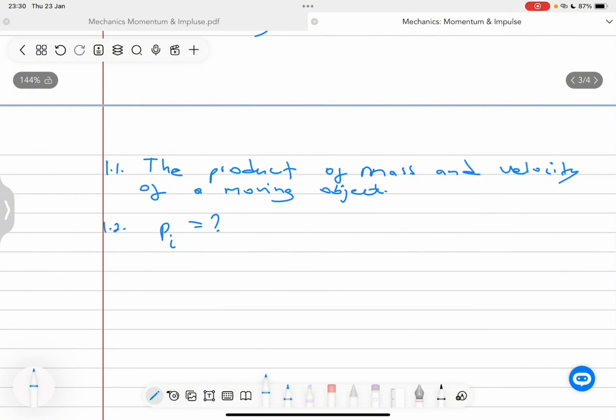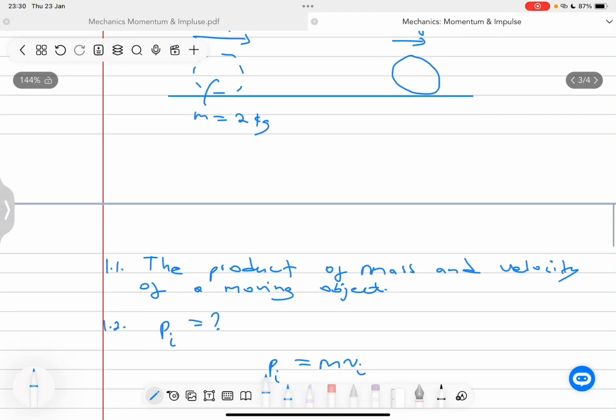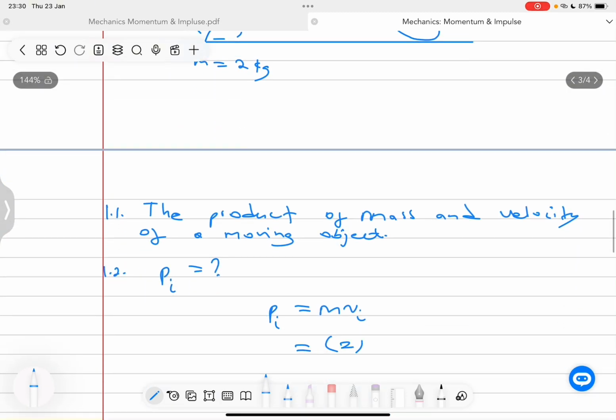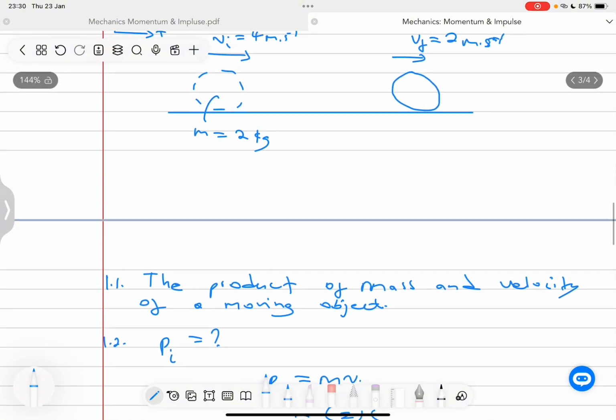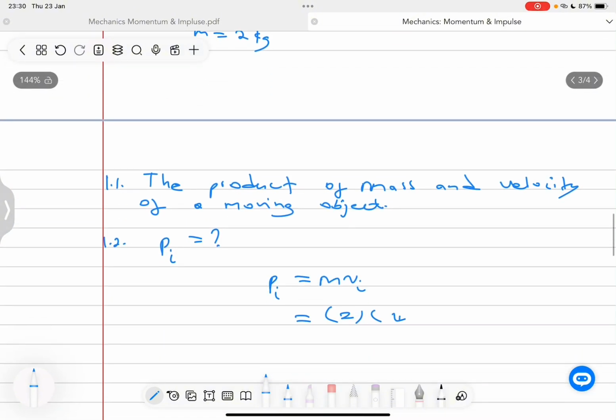And again, during our problem classification, we expected to get a question of that nature. Now, in this case, I'll say my initial momentum is equal to the mass times the initial velocity, from the definition of momentum. Now, we know that our mass is 2 kilograms and our initial velocity is given by 4 meters per second.